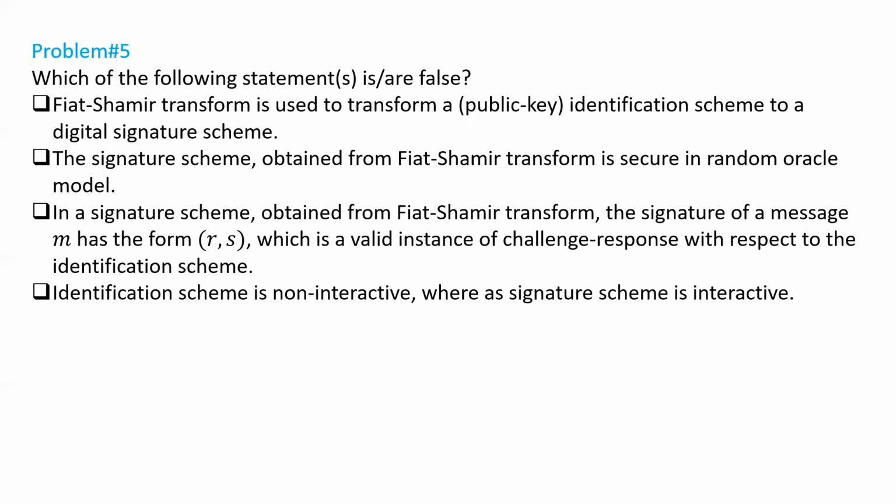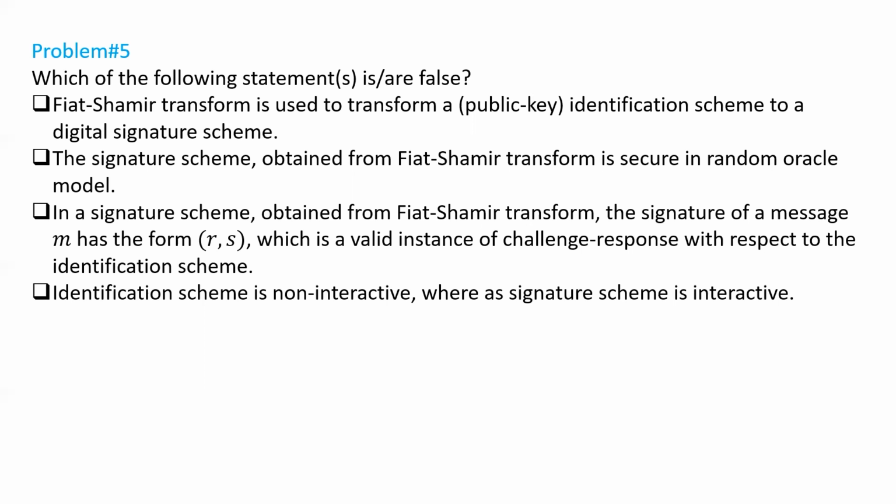The hash function takes as input the commitment I and the message M, and it outputs the challenge R. Now, because the hash function is modeled as a random oracle, this challenge R is actually equivalent to a uniformly randomly selected challenge from the challenge set. So now, using this R, the signer computes its corresponding response S by using its own secret key. So we denote the response as S.